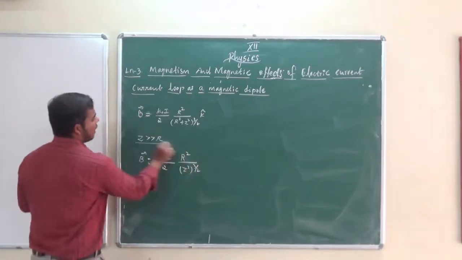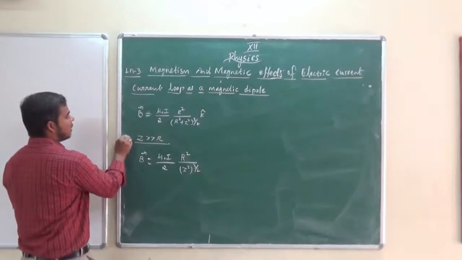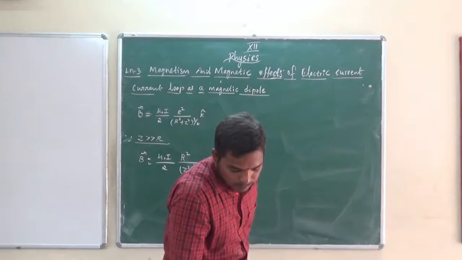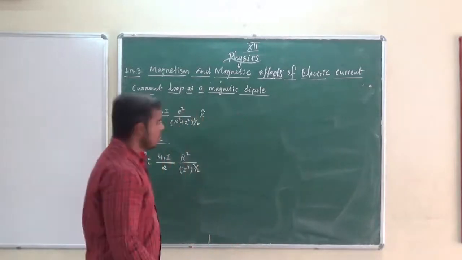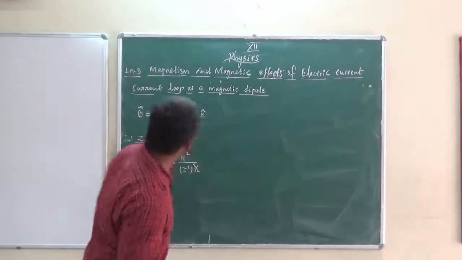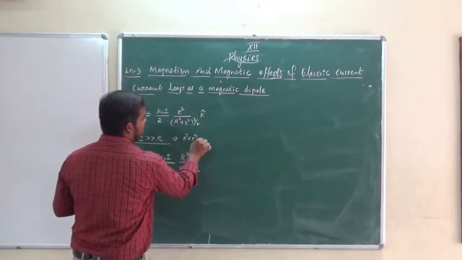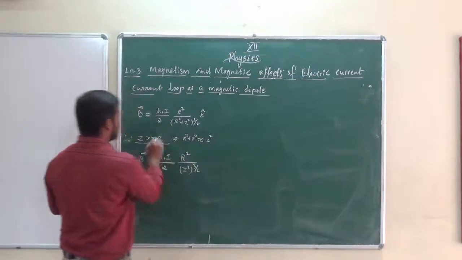What is the reason? I have written the condition: Z is very much greater than R. So R square plus Z square is nothing but Z square. This is the condition.